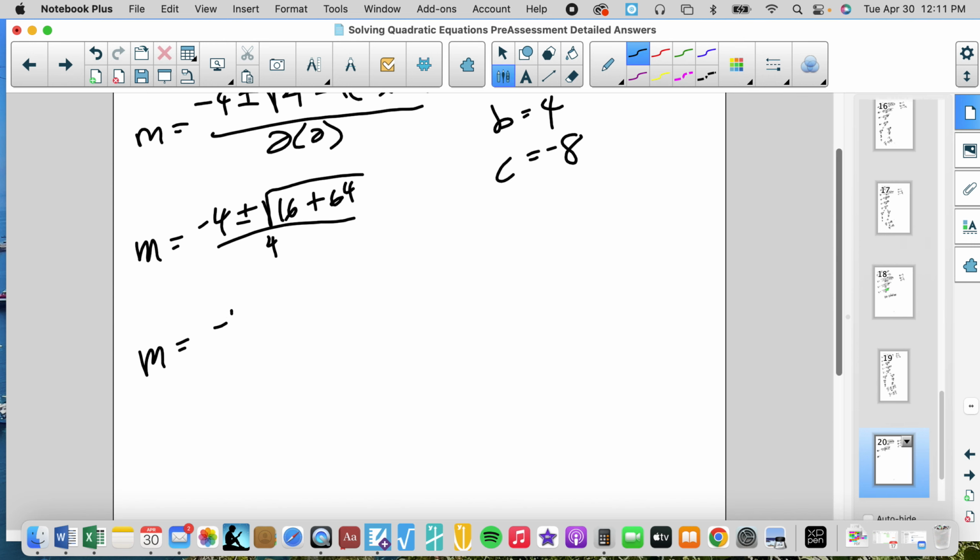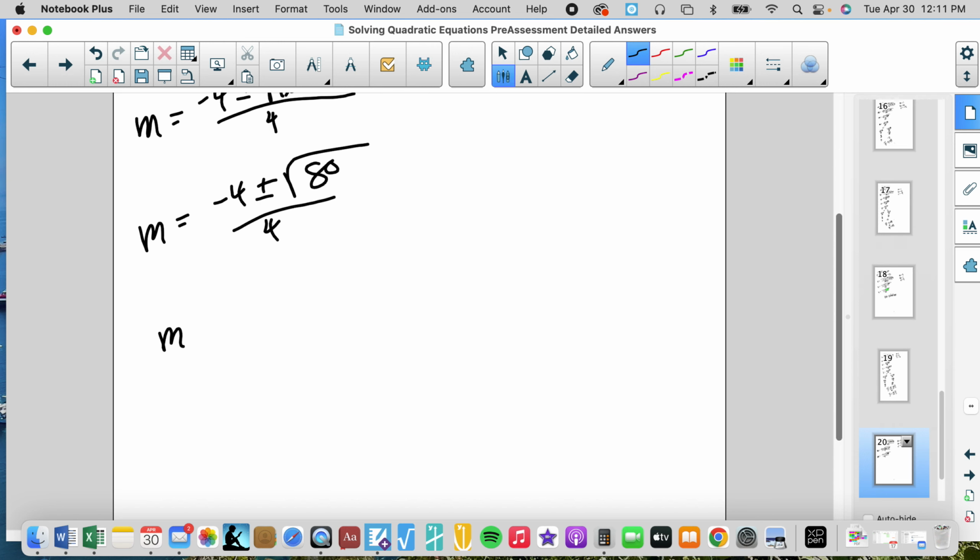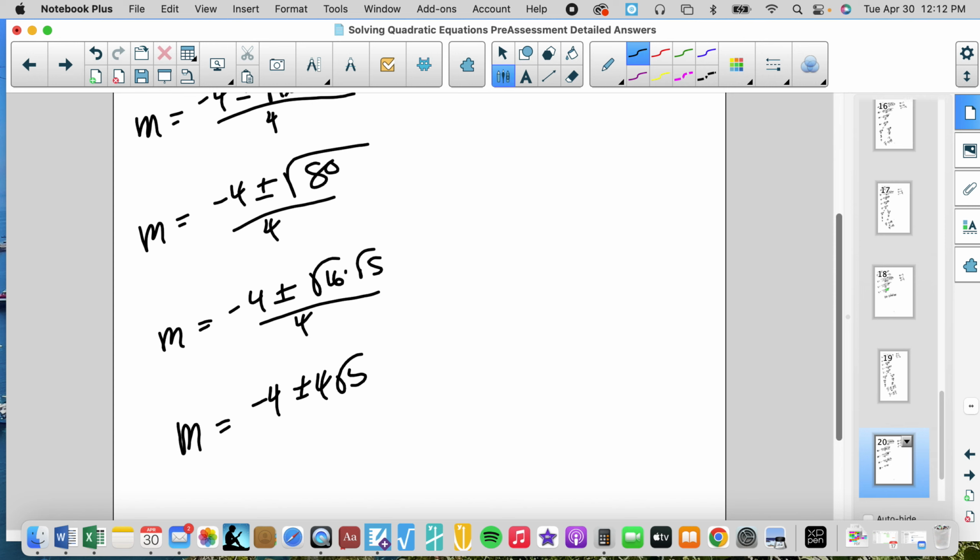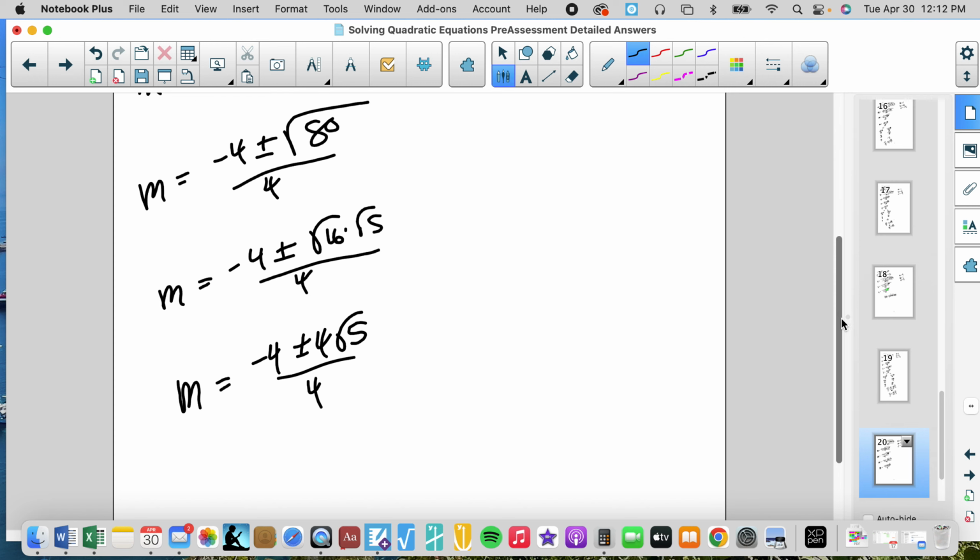M equals negative 4 plus or minus 80 over 4. M equals negative 4 plus or minus 16 times 5 over 4. M equals negative 4 plus or minus 4 rad 5 over 4.